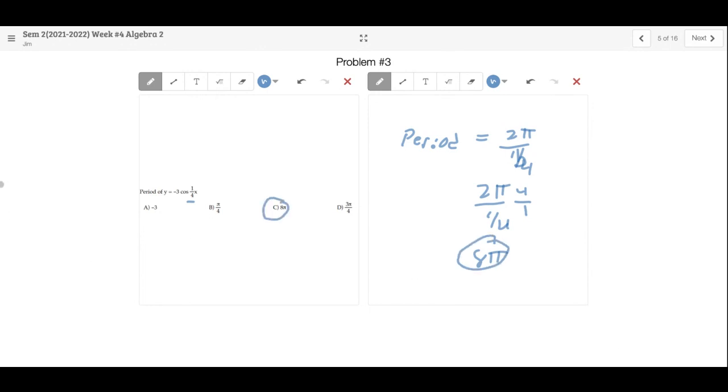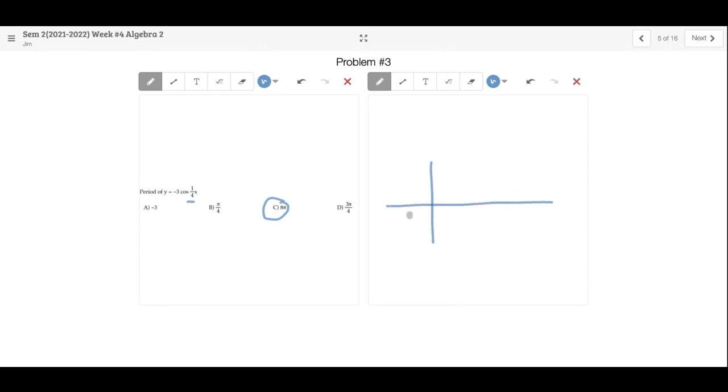Now, somebody asked about that negative in front. If I asked you to graph this function, -1 sine of x, here is the normal sine graph. It goes up to 1, goes down to 1.